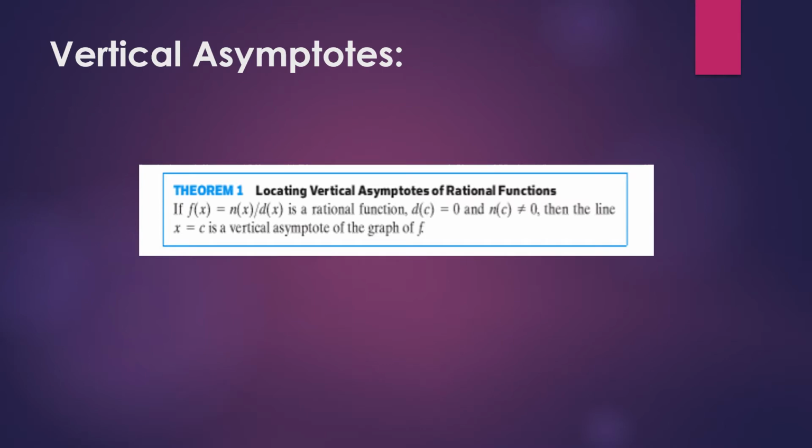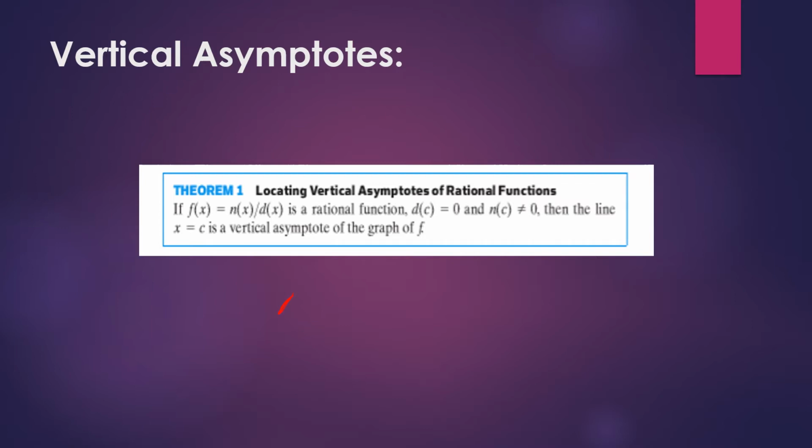So what they're really saying is that if you've got a function divided by another function, if a particular value of x makes the denominator 0 while the numerator remains non-zero, then we run into a vertical asymptote.